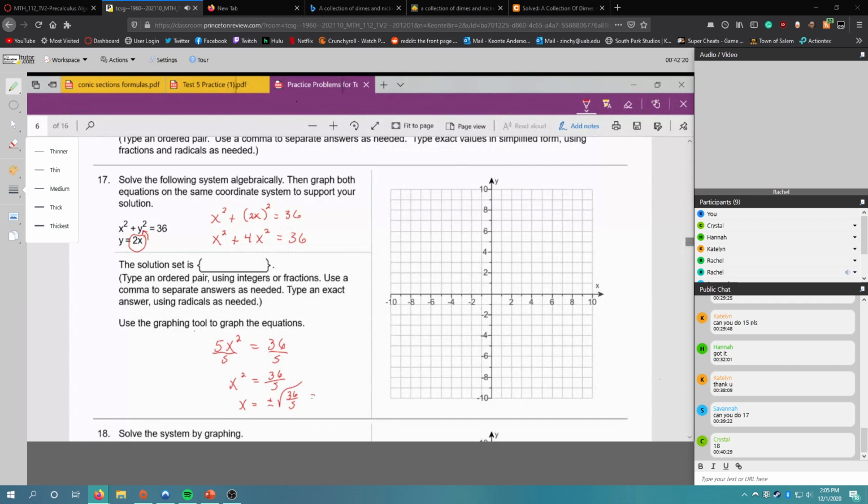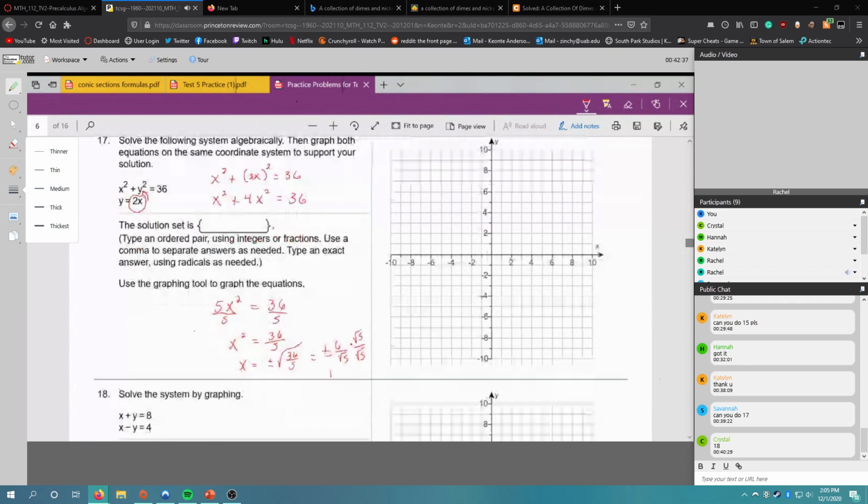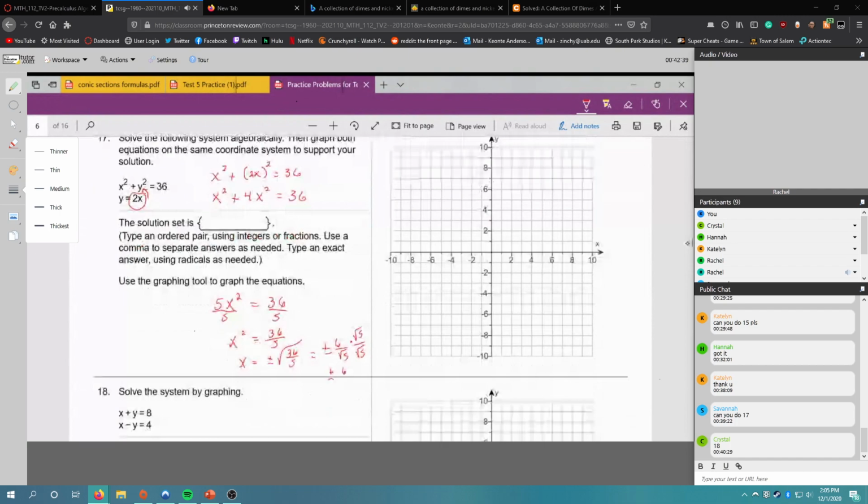So that's going to be plus or minus 6 over the square root of 5. Or if I rationalize that, multiply by the square root of 5 over the square root of 5, that's going to be plus or minus 6 square root of 5 over 5.